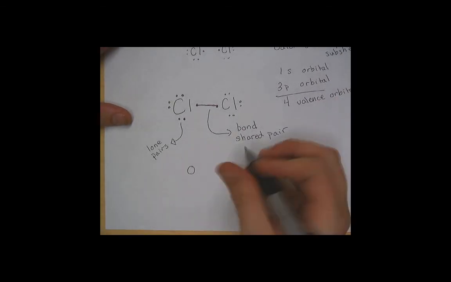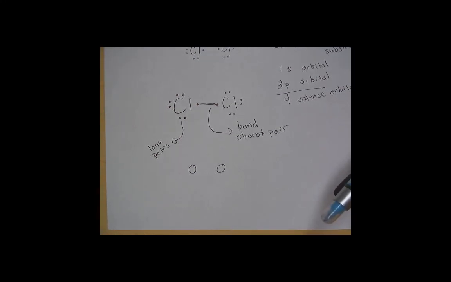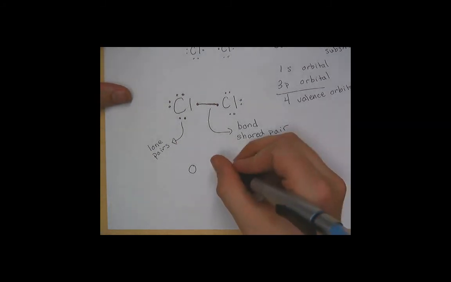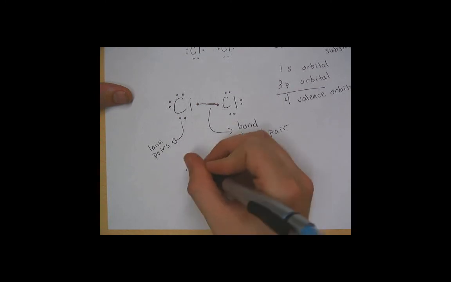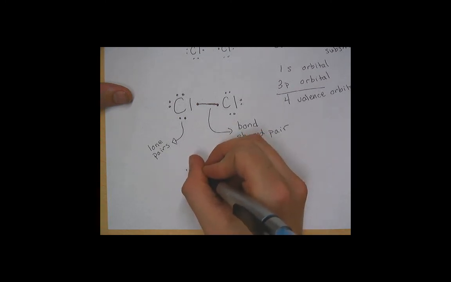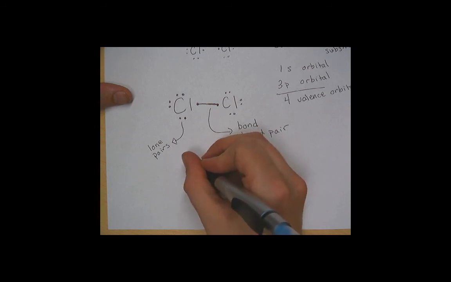Consider oxygen. Take a moment and see if you can draw what oxygen must look like. So start with the Lewis dot structure. 1, 2, 3, 4, 5, 6. 1, 2, 3, 4, 5, 6.